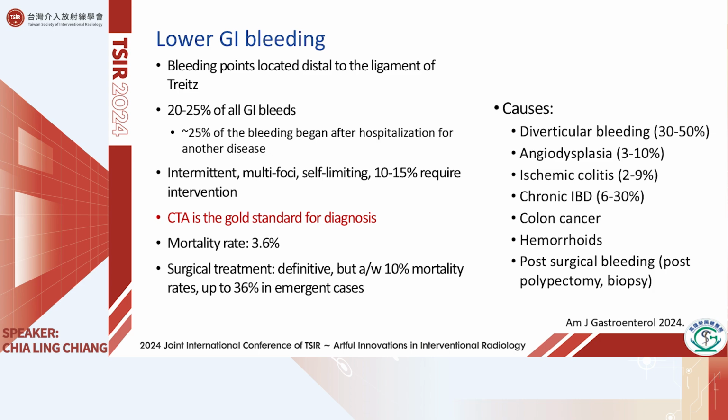And we know that CTA is now the gold standard for diagnosis of lower GI bleeding. And the mortality rate is about 3.6%. The common causes of lower GI bleeding are diverticular bleeding, angiodysplasia, ischemic colitis, or chronic IBD, and so on.